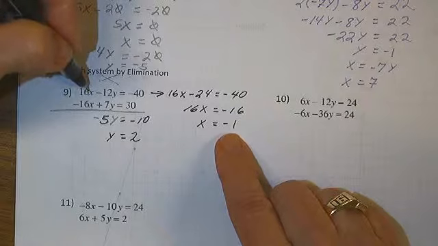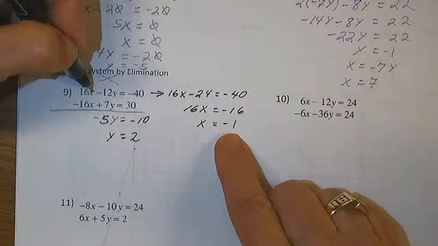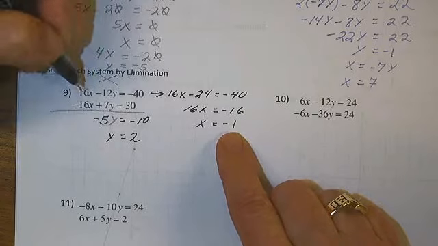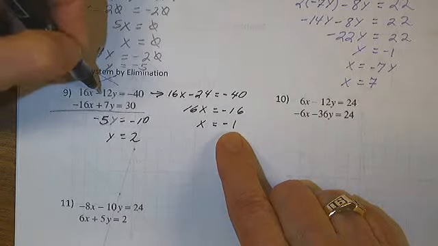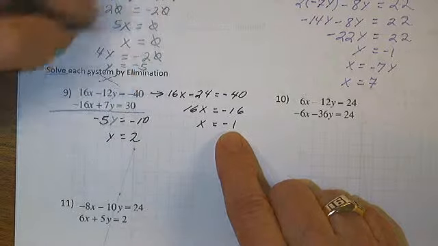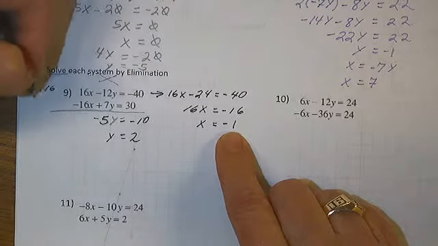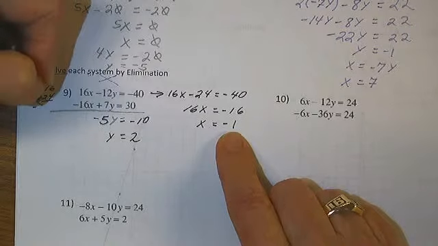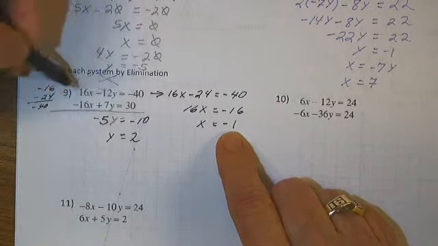Negative 1 times 16 is negative 16. Minus 24, is that equal to negative 40? Negative 16 minus 24 is certainly equal to negative 40. So this one checks.